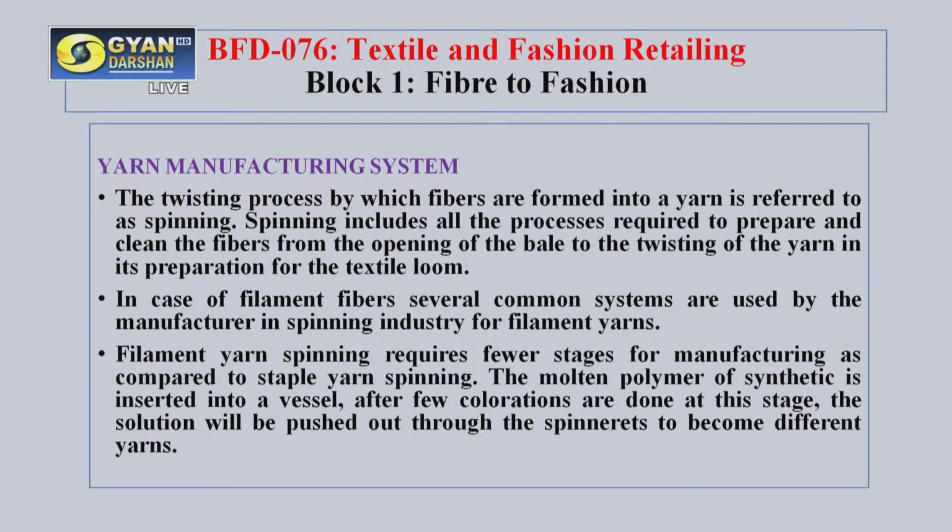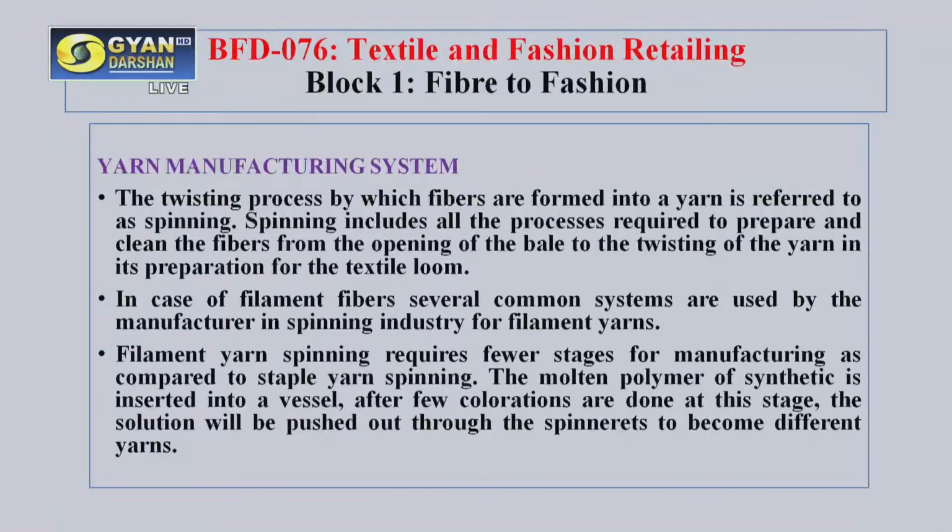But when we talk about spun or staple yarns, they require many stages, because most of them are natural fibers and need cleaning and different stages. For synthetics, the molten fibers or polymer is inserted into a vessel, some coloration is done at the stages, and the solution is pushed out through the spinneret to become different yarns.